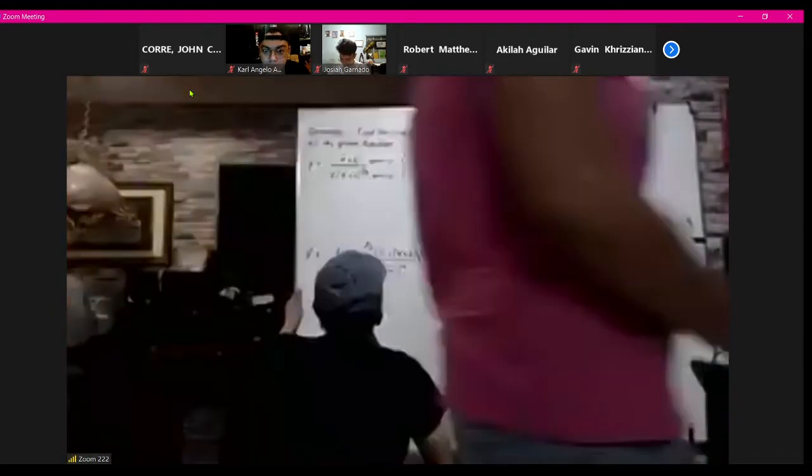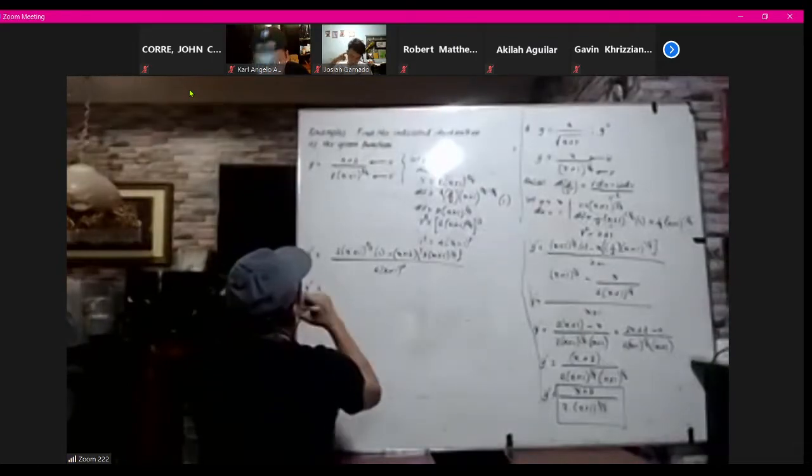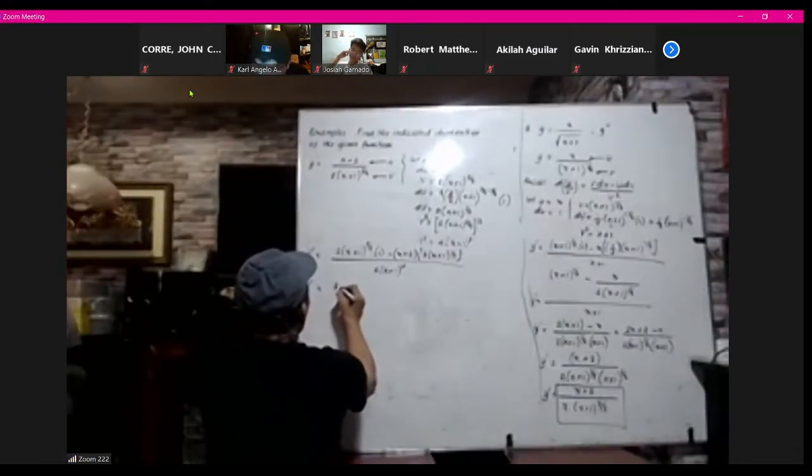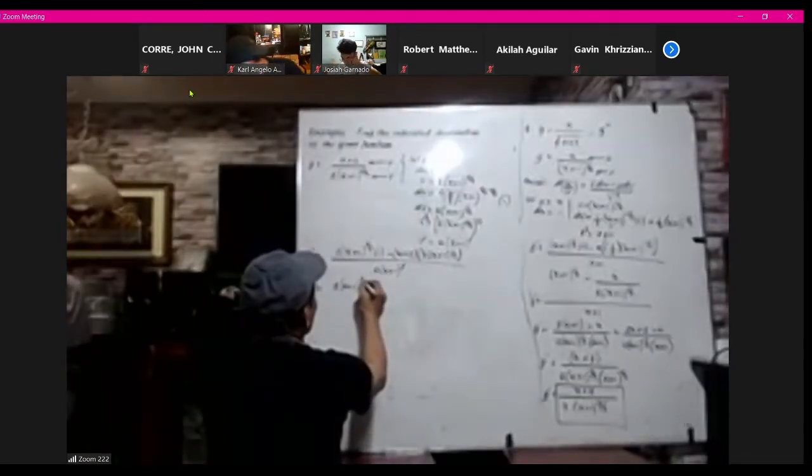Okay, so start na natin, solve na natin. This is the second derivative of y is equal to 2 times x plus 1 raised to 3 halves.